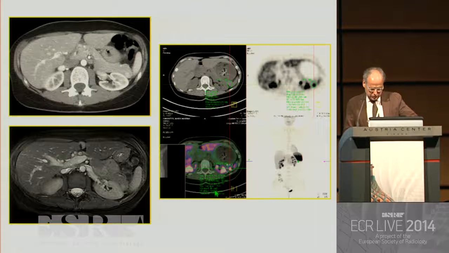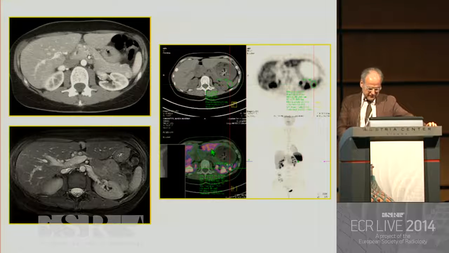I cannot show you the level of SUV, but as you can see, it was a positive finding at gallium PET. This is not a recent case, but on the basis of these imaging findings, the patient was operated.